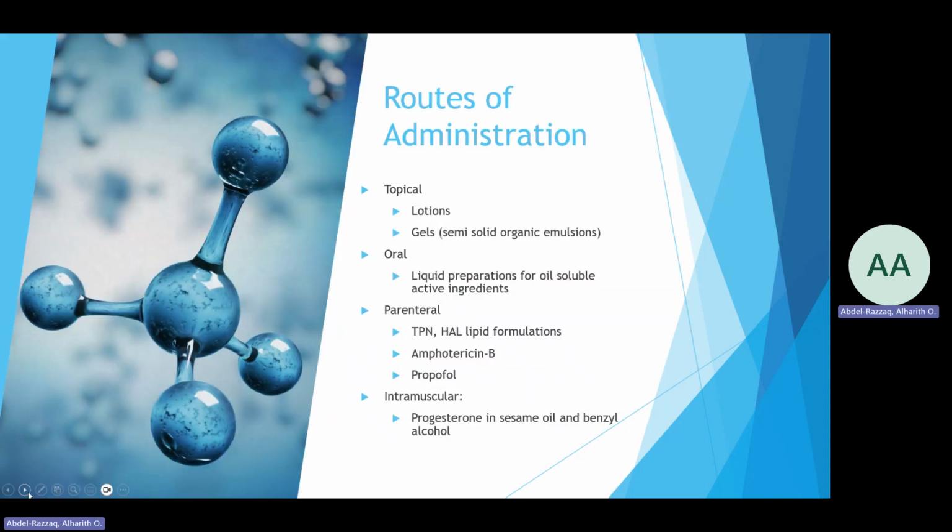When we talk about our routes of administration, we have our topical, oral, parenteral, and intramuscular. Emulsions are almost all around. We have our topical lotions, gels, as far as oral goes, we have liquid preparations for oil-soluble active ingredients. Parenteral routes, we know that anything with lipid formulations like propofol, amphotericin B, total parenteral nutrition is going to have lipid inside of it.